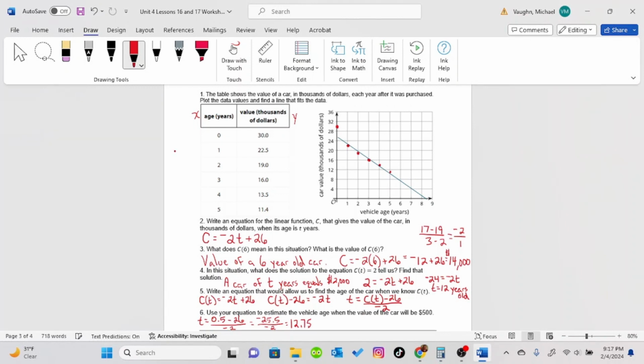And t represents years old. So a 12.75-year-old car would be worth approximately $500.